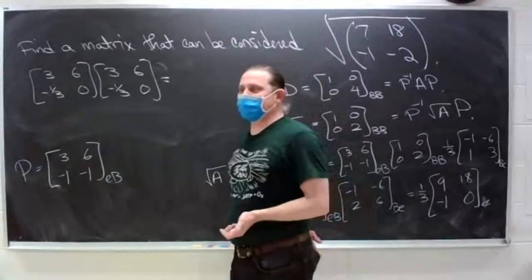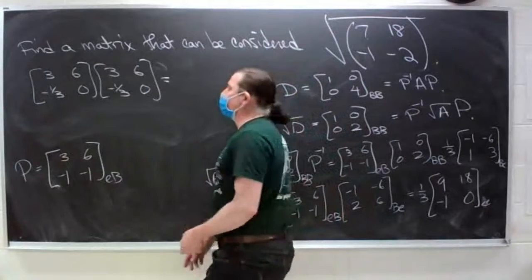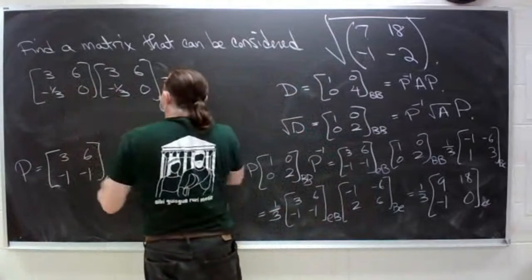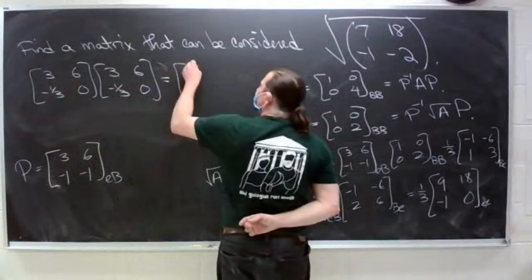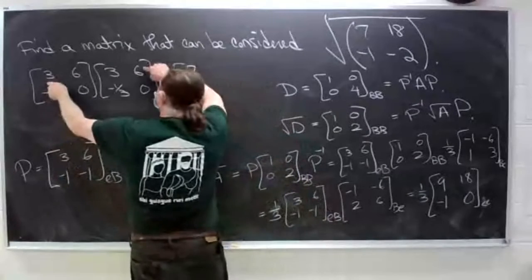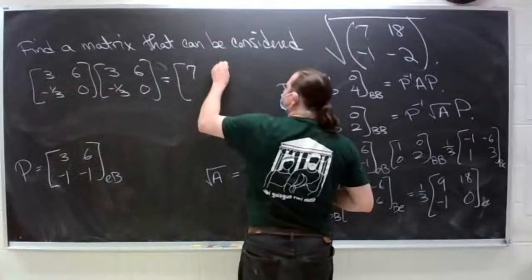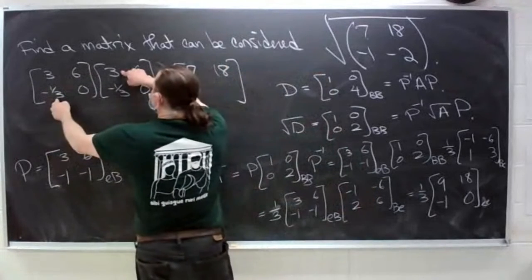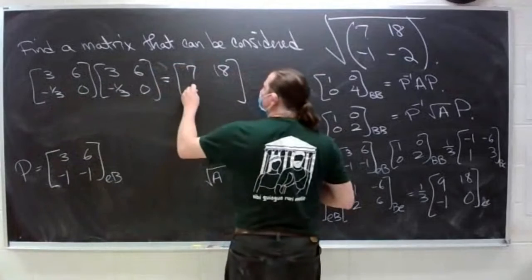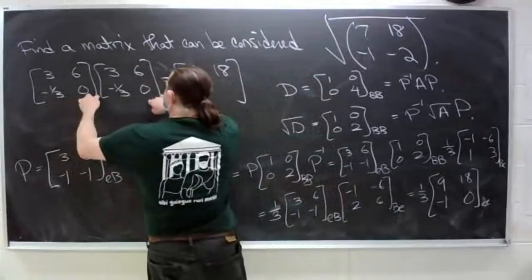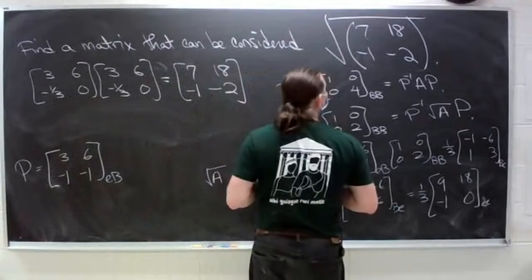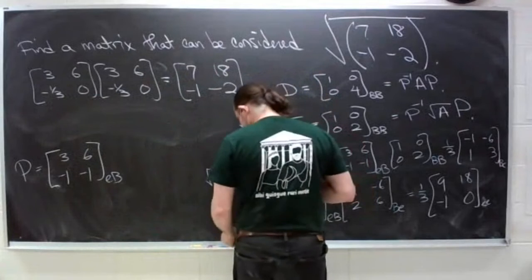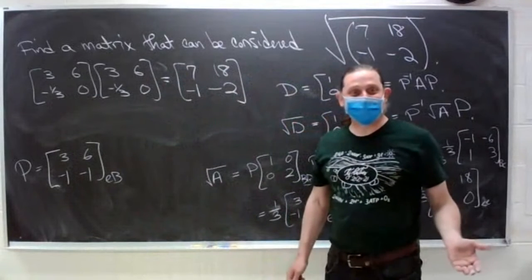Maybe we don't even need to try it, do we? It's not going to work. But I mean, 9 minus 2, that's 7. Here I got 18. There's no way. So that's minus 1. And what do we got here? Minus 2. That's not the... Oh, that's kind of neat.